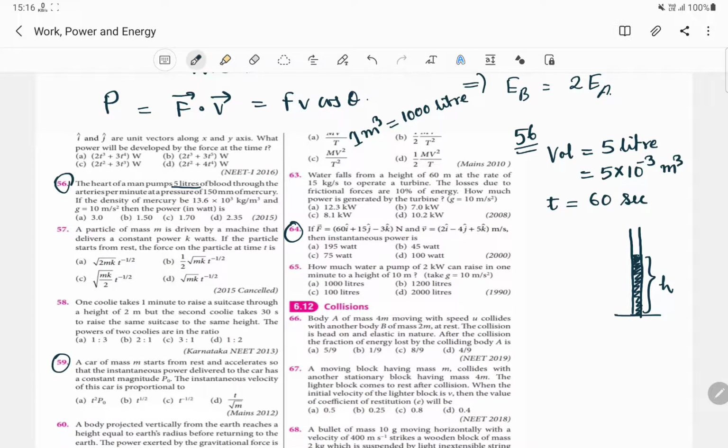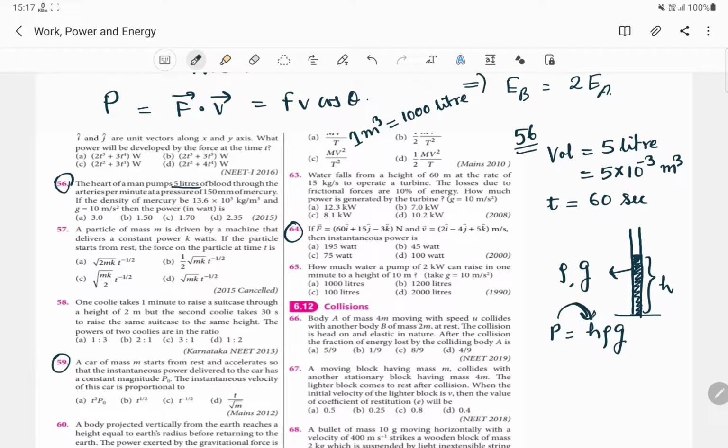Then what will be the pressure produced due to this liquid column, provided that rho is the density and g is the acceleration due to gravity at this place? Then we know that pressure will be equal to h rho g. Density will not be changed, acceleration due to gravity will not be changed. So if we know the height of the liquid column, then we can easily find out the pressure corresponding to it.